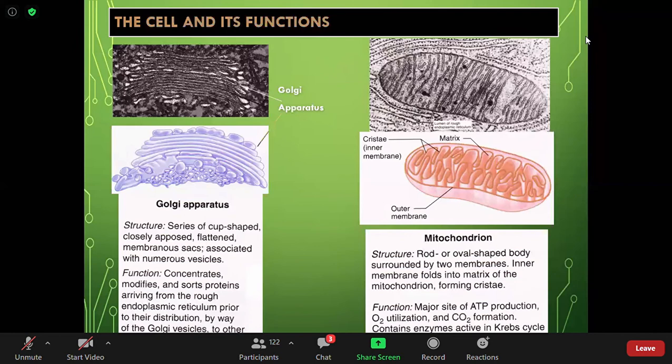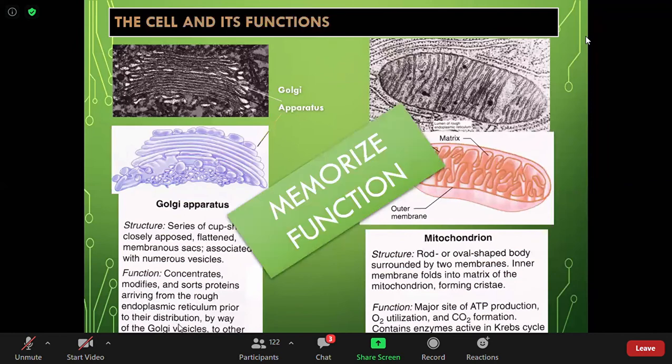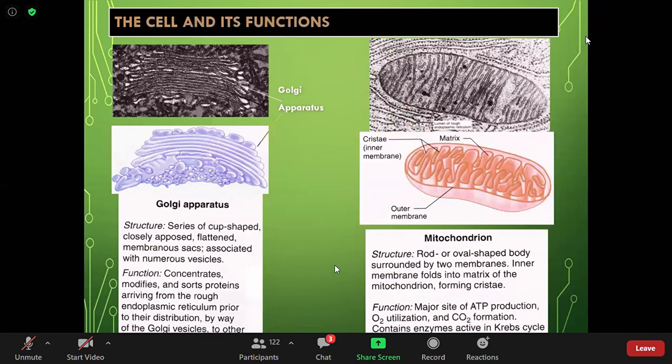The Golgi apparatus. They are a series of cup-shaped, closely opposed, flattened membranous sacs. They concentrate and modify and sort proteins. So from the endoplasmic reticulum, it goes to the Golgi apparatus.